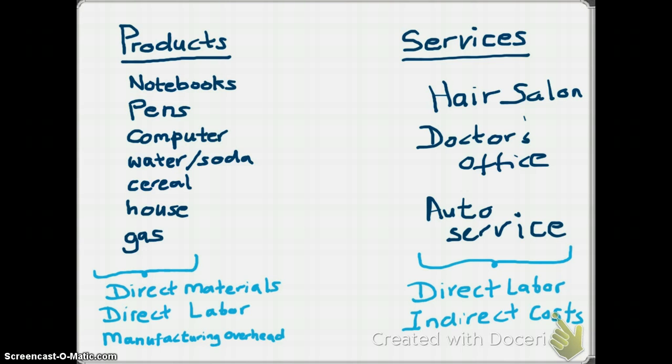They've got direct materials that you can trace to the product, direct labor that can be traced to the product, and manufacturing overhead that cannot be traced but has to be allocated. Services have two types of costs: direct labor that can be traced to the service, and indirect costs that cannot be traced, so they have to be allocated to the services that these companies provide.